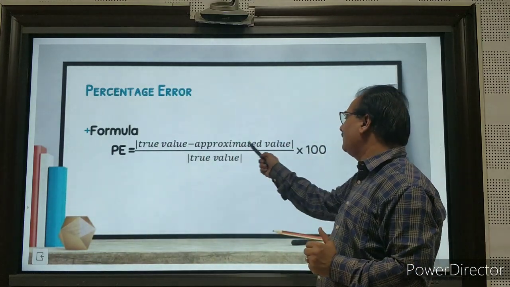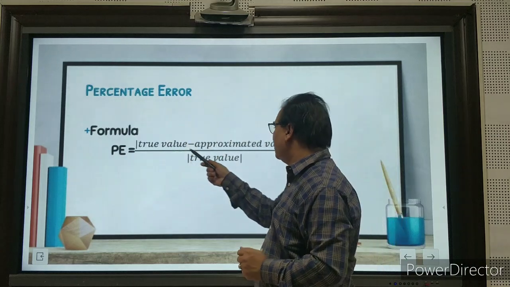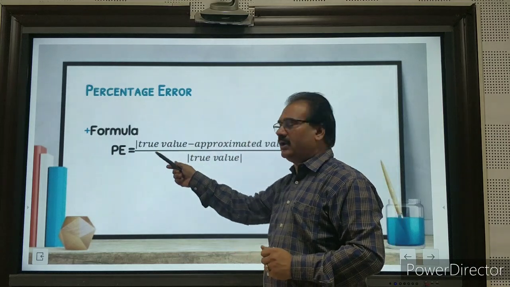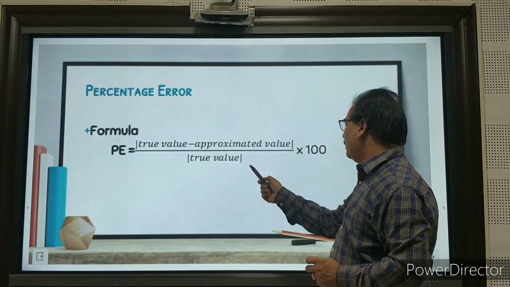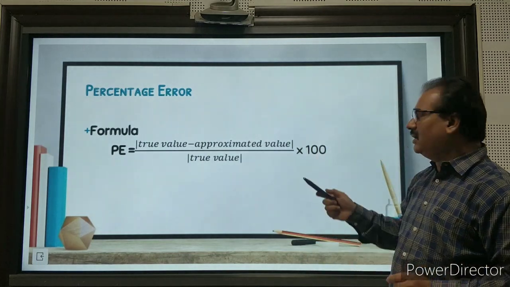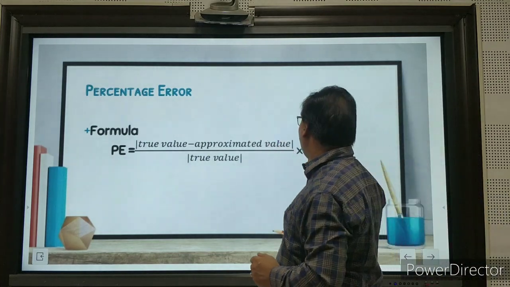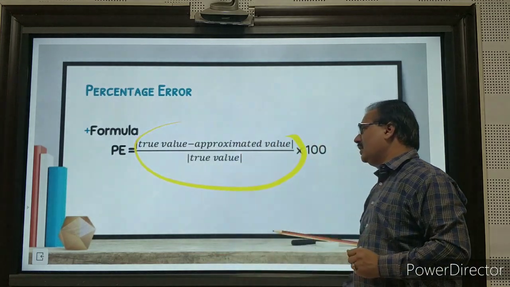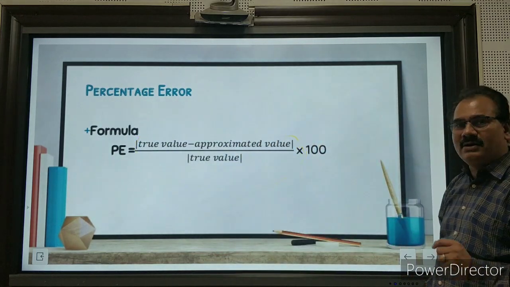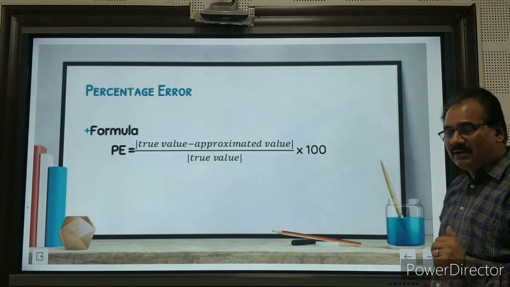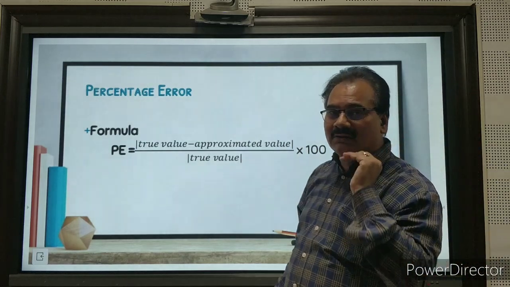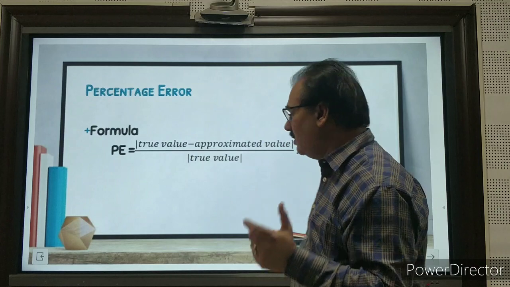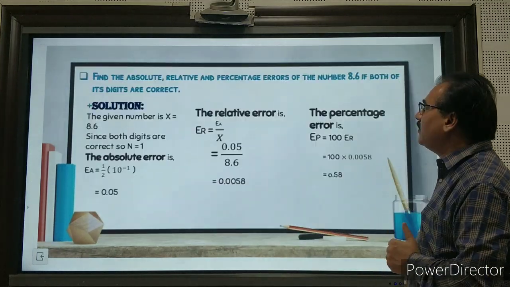The numerator is the absolute error, divided by the true value, multiplied by 100. This whole is known as relative error. So relative error multiplied by 100 is percentage error, and absolute error divided by the true value is known as relative error.